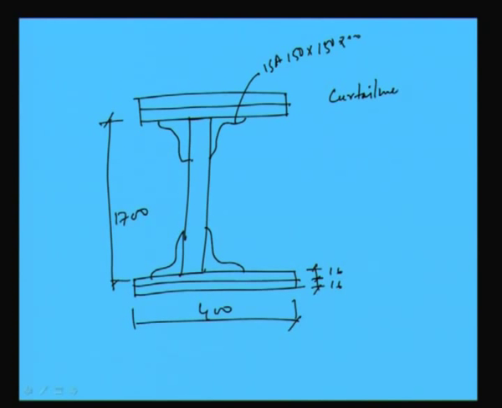And curtailment at 12.27 meter we have done, and number of rivets we have provided 16, on the little higher side, right.